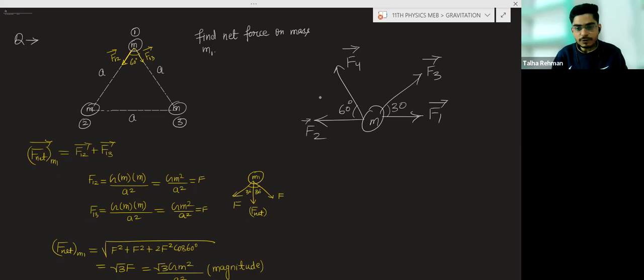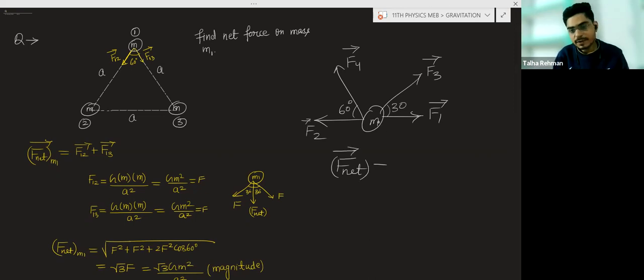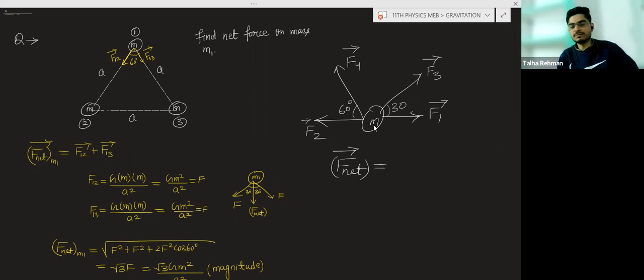If I ask what is the net force on this mass m, what will you do? You will do the vector summation, then you will get the net force. So the superposition principle is nothing but adding the forces vectorially on a particular mass.